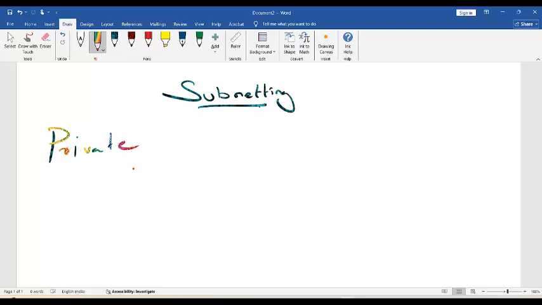The private range address is like this: 10.0.0.0 till 10.255.255.255.